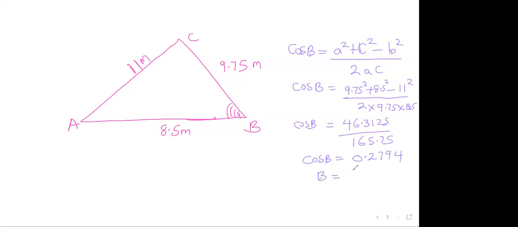Then I got B is equal to cos inverse 0.2794, which gave me, I approximated it to 73.8. Okay, members, let me hope that is what you have. Let me hope now everyone has understood the course.